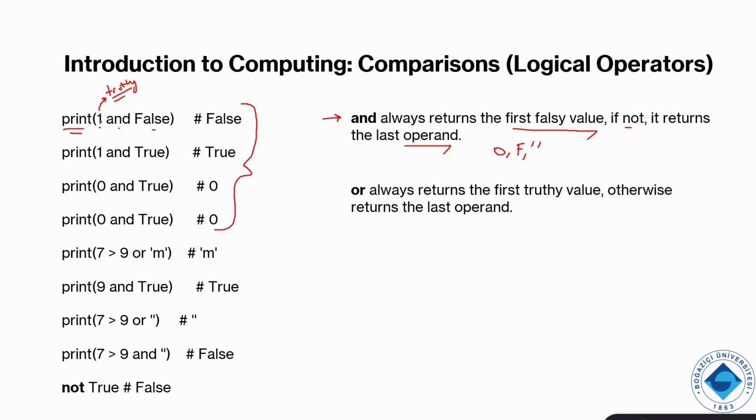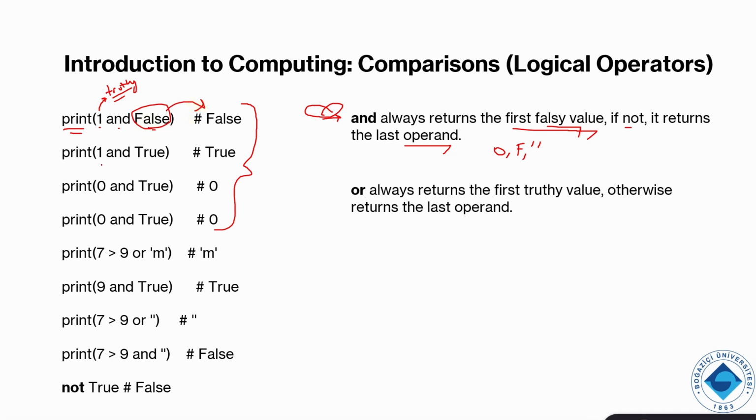So if I ask truth and false, it will return false, because of this rule, right? It always returns the first false value. Here, the first false value is false. That's why it returns false.